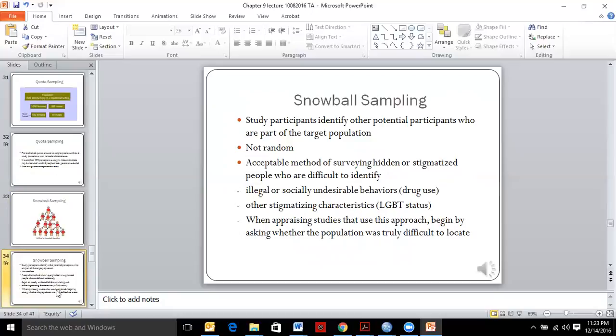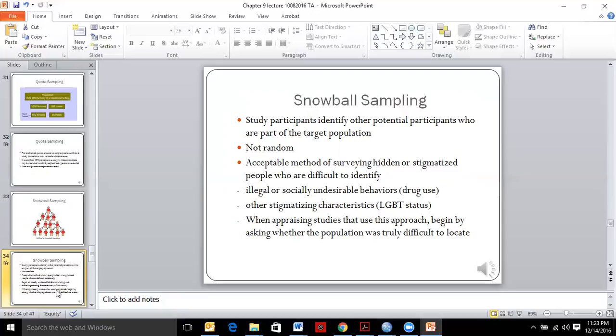In a snowball sampling study, participants identify other potential participants who are part of the target population. It is not random, and it is an acceptable method of surveying hidden or stigmatized people who are difficult to identify.